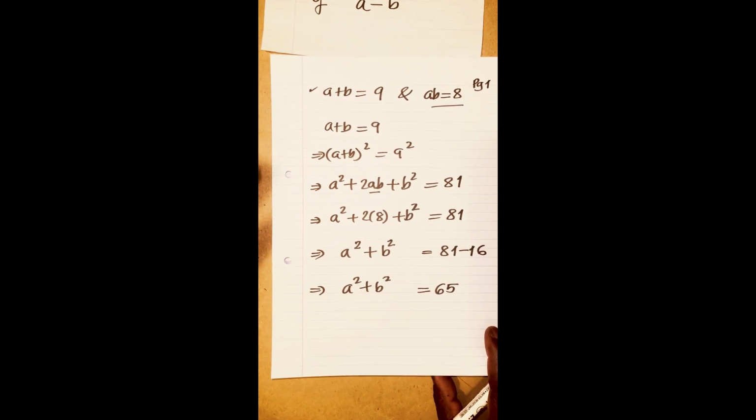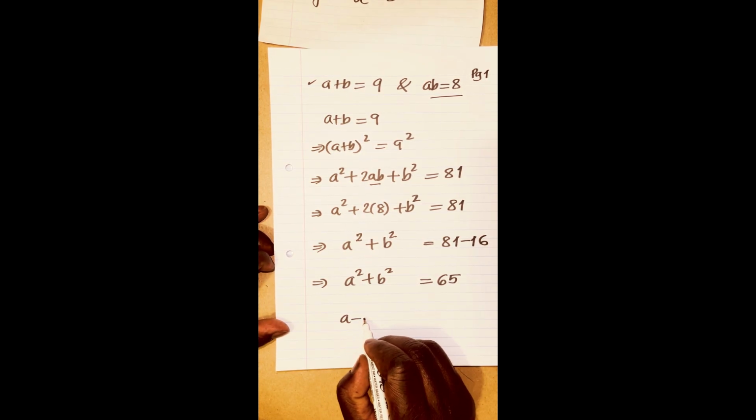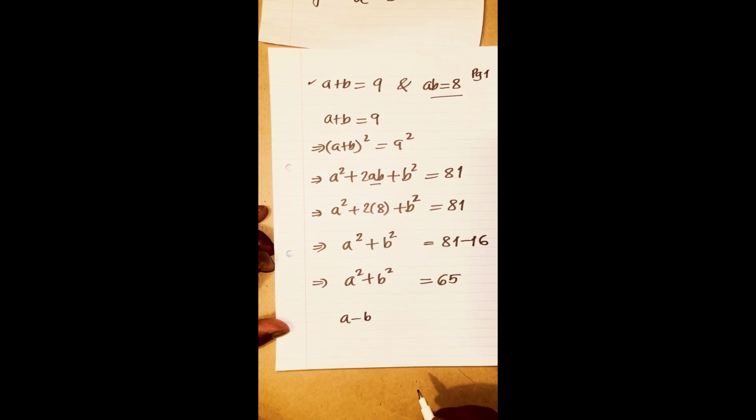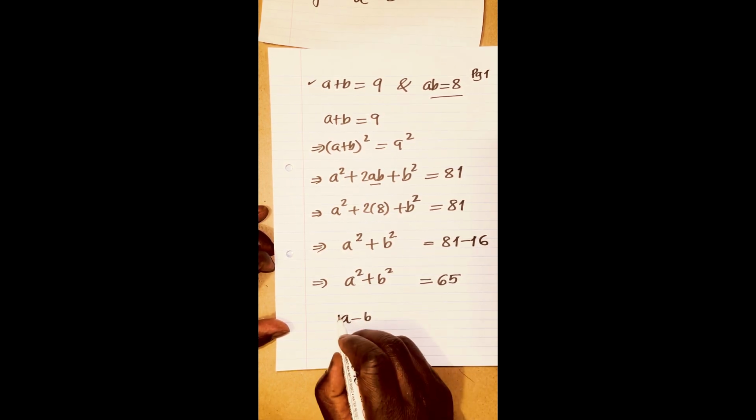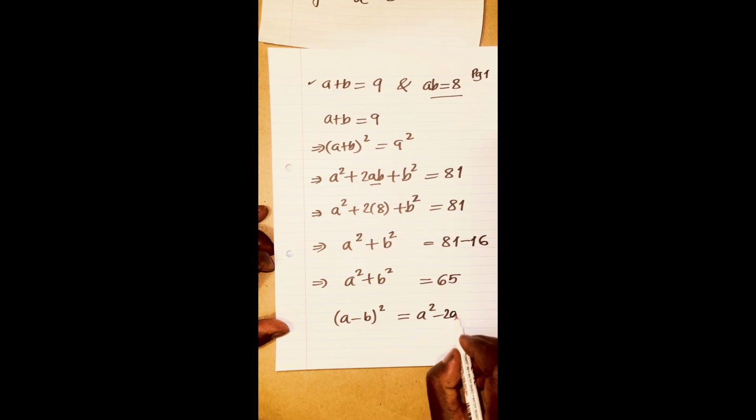Why is this important? Well, it's important because now if we take a minus b, which they are asking us to determine the numerical value of, and we square this, we get a squared minus 2ab plus b squared.